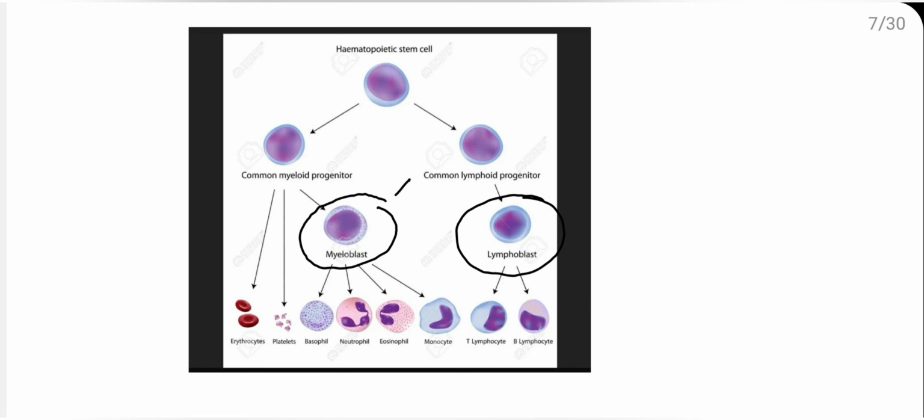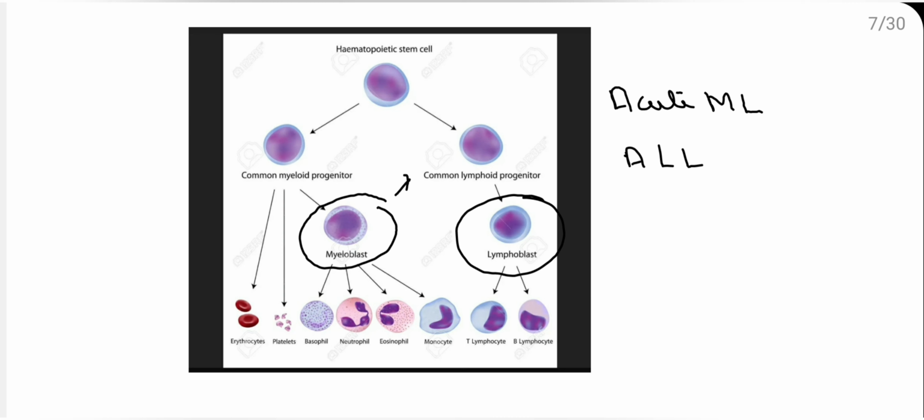If most of the immature forms are myeloblasts, then it is acute myeloid leukemia. If you see more lymphoblasts, then it is acute lymphoid leukemia. So in acute leukemia you see immature cells. Immature cells are blast cells, which are myeloblast and lymphoblast. If you see myeloblast, then it is acute myeloid leukemia, AML.